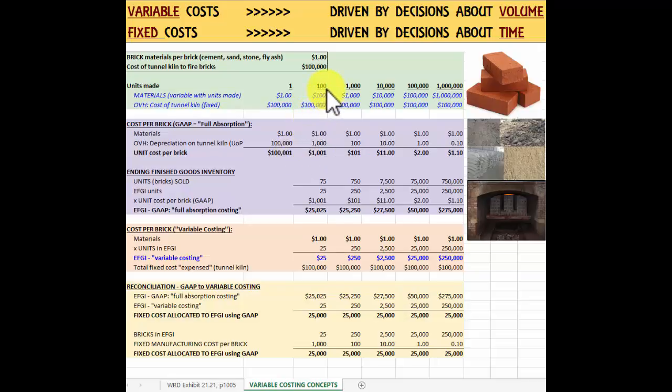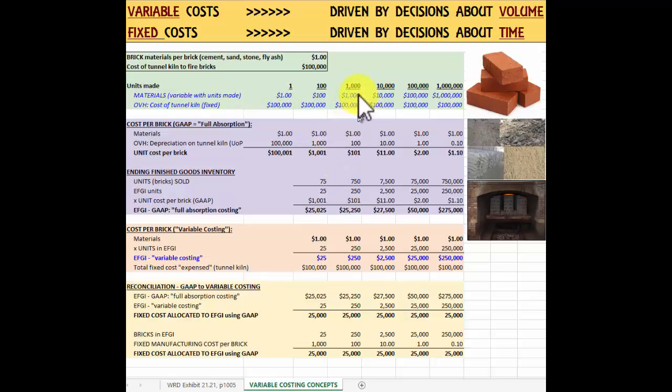Continuing, if we made 100 bricks, we would add $1 for each brick, incur $100 of materials costs and $100,000 of depreciation. To figure the cost per brick, we would take the $100 of material divided by 100 bricks and get $1, and we would take the 100 bricks and divide it into the $100,000 of overhead cost to get $1,000 as the allocated fixed costs, and we would have a total of $1,001 per brick.